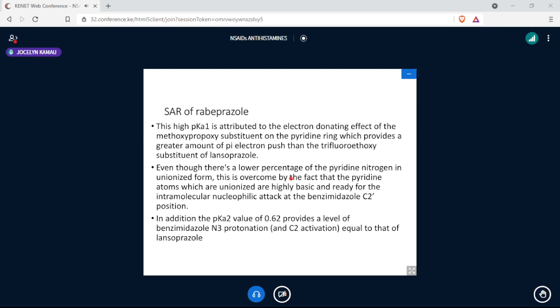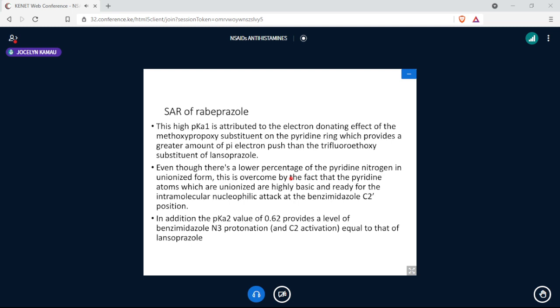But the fact that whatever little of the non-ionized is available has high nucleophilicity means there will not be much negative influence on the attack. In fact, there will be a positive influence on the attack of the carbon 2 prime, because it will be attacked very readily, and therefore the reactivity of rabeprazole is maintained to be the highest.